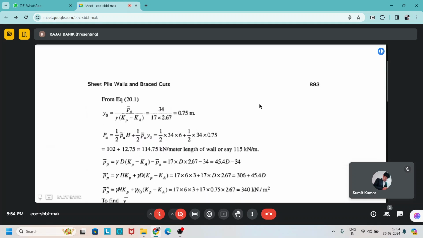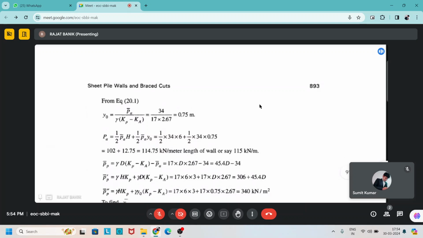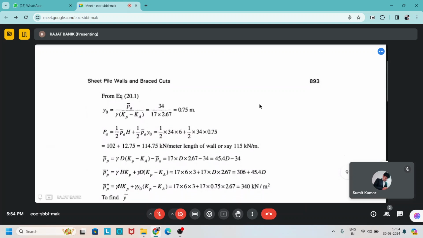Now find out the passive earth pressure. So passive earth pressure is equal to PP bar, which is equal to gamma into D into Kp minus K minus PA bar. So the D value we have to find out. So after putting all this value, the equation is 45.4 D minus 34.